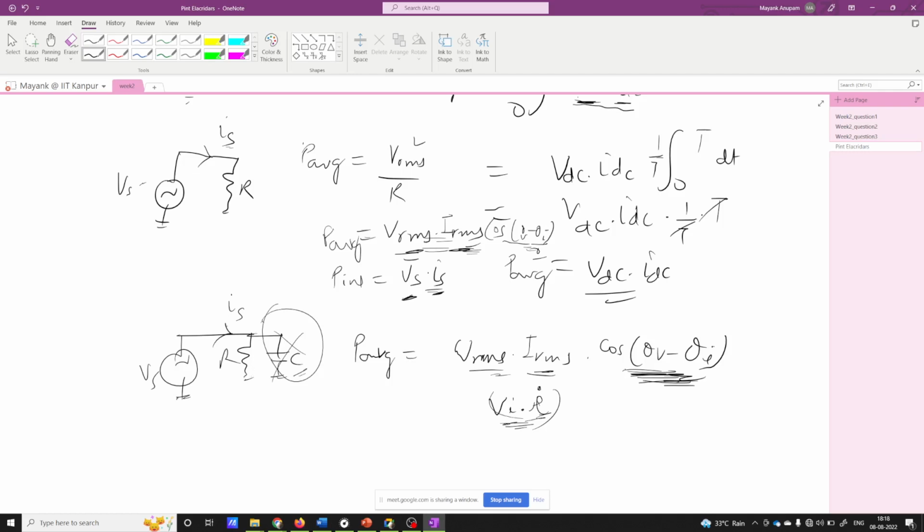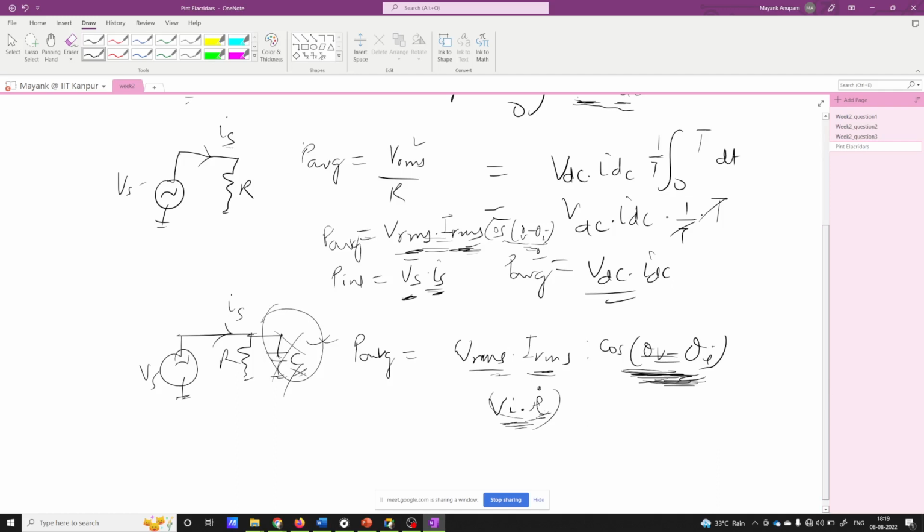So this is what this power factor means. Because of this capacitor, the power that you feel you are losing is not as much as it would have been if this capacitor had not been present here. So that is why this factor is present here.